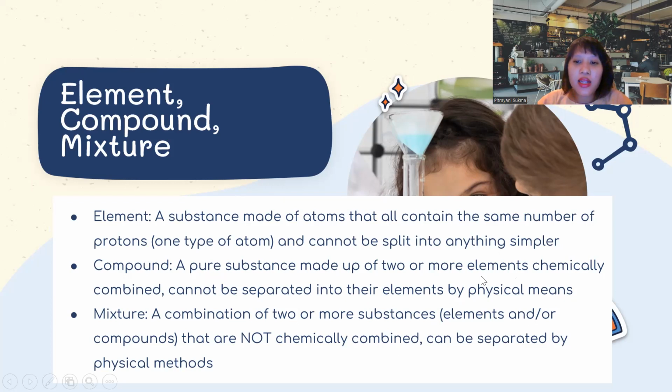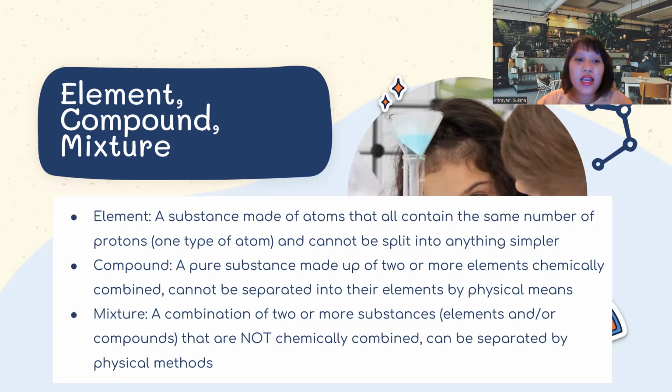Examples are water or carbon dioxide. You cannot separate water, H2O, into hydrogen and oxygen using evaporation, for example, so it is a compound. It contains two different elements bound by chemical bonding.